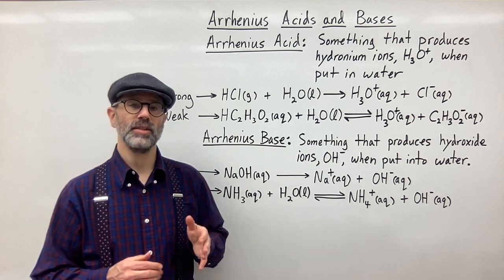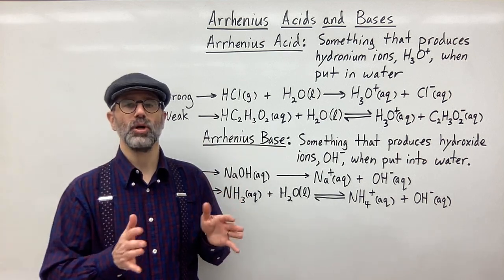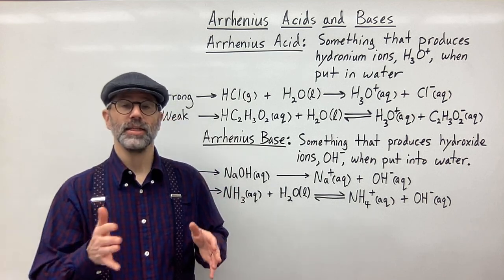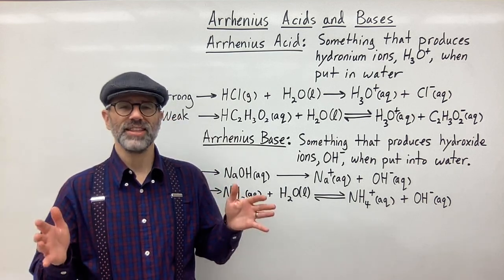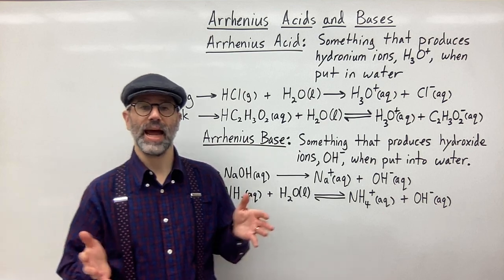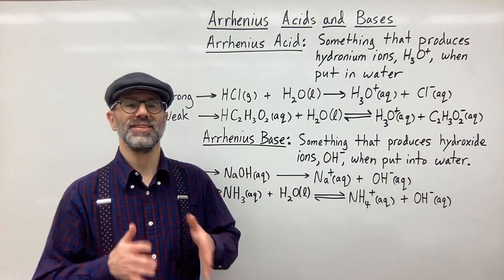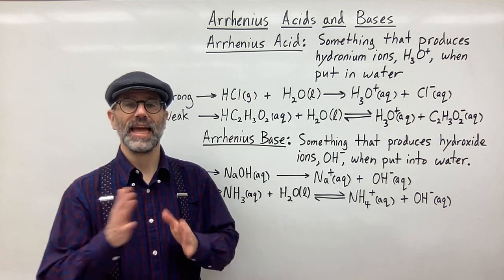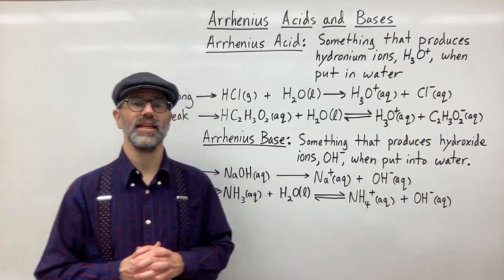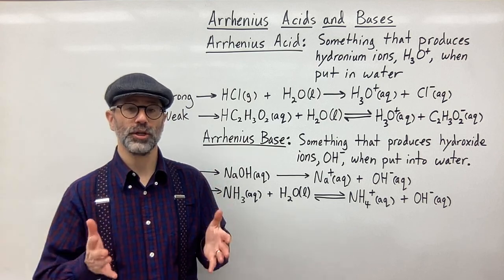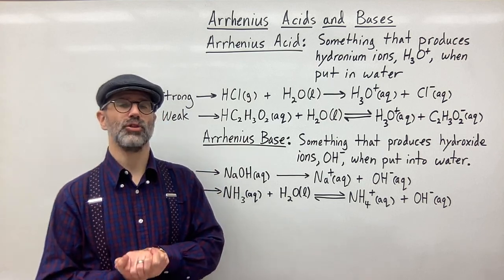It's not H plus. We commonly write H plus in our equations as a convenient way of representing acid ionization in water. But in reality, H plus does not exist in water. It's H3O plus. That is the H plus that we're referring to. So H3O plus is the hydronium ion.